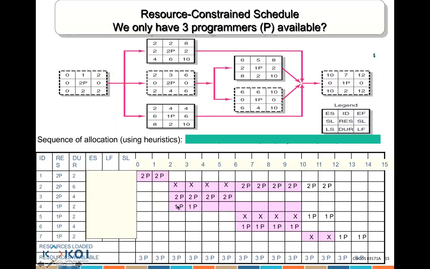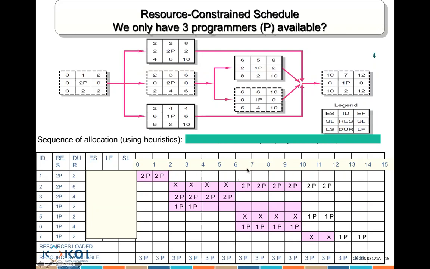Now let me ask you a question. Can activity 4 be delayed at all? Yes. How many days? 6 days? 6 days, really? 2 days. Yes, only 2 days, because you cannot delay it here. Why can't I delay it here? Because of the resources.